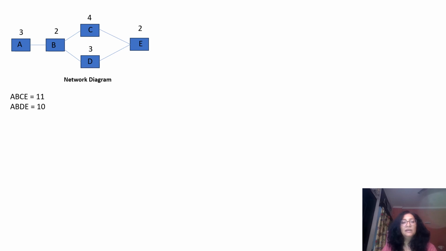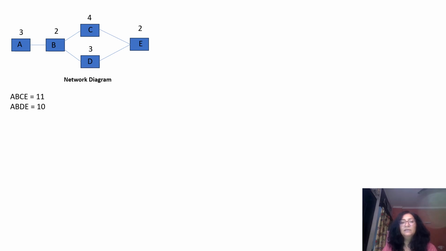Now, as I have discussed before, the activities on the critical path form the largest path of the network diagram. It doesn't have any float or slack. So in our example, ABCE, which is equal to 11, is our critical path.